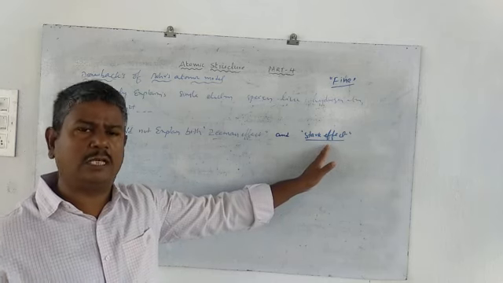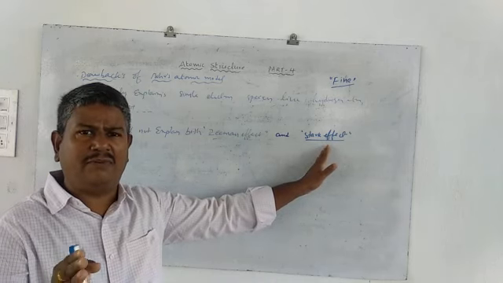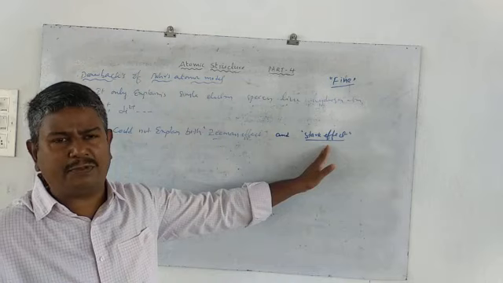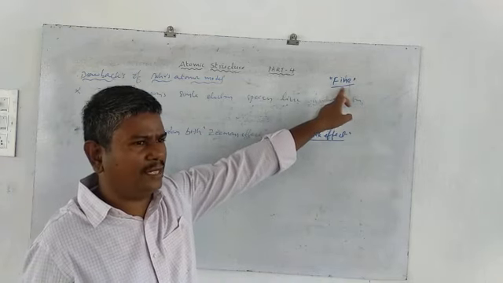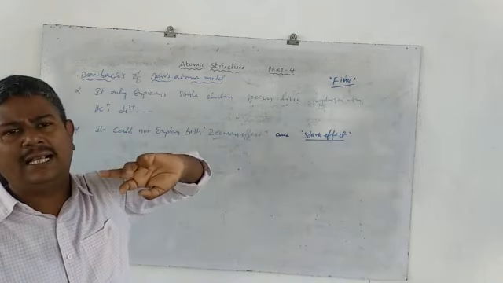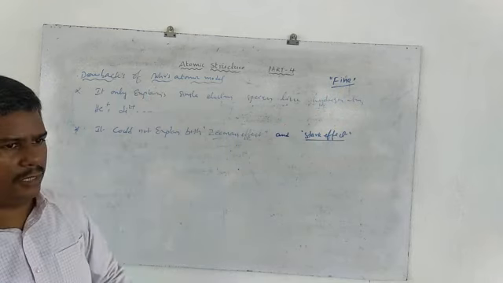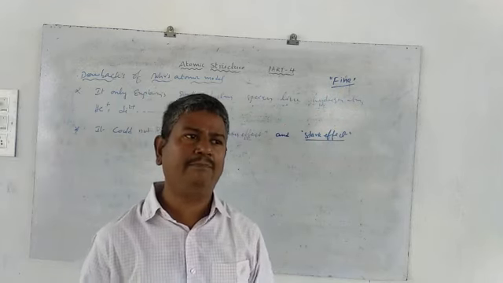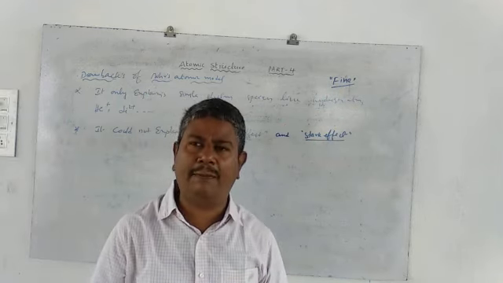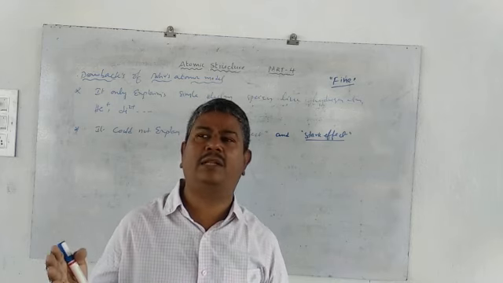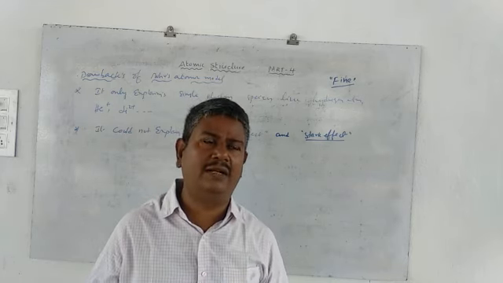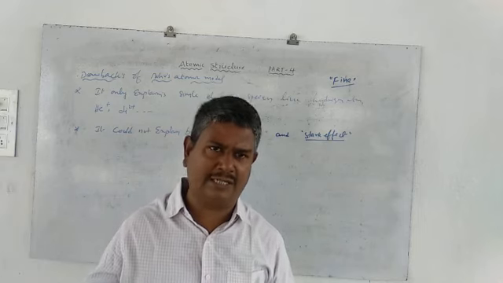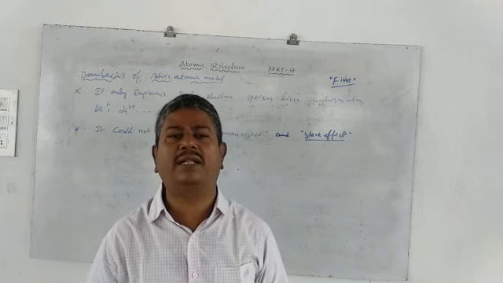That means the spectral lines obtained in the line spectrum of hydrogen will again split into some more spectral lines, like a fine spectrum. That could not be explained by the Bohr atomic model. So why it happens, it could not explain.